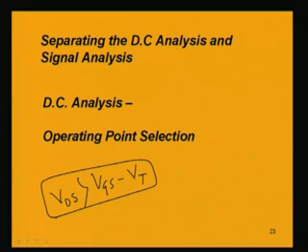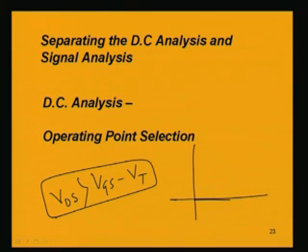Now, we can see that in order to satisfy this condition, your operating point must be located properly, because if it is not located properly, towards the upper end or towards the lower end, that means if it is too near the cutoff, like this, if the transfer characteristic is say like this, and we have an operating point which is not properly selected, like the middle way, say here or above, then what will happen? It will be difficult to maintain this condition.